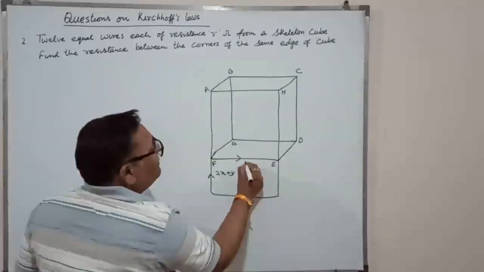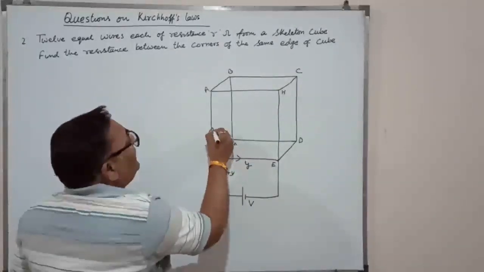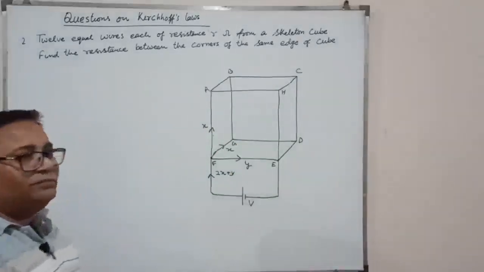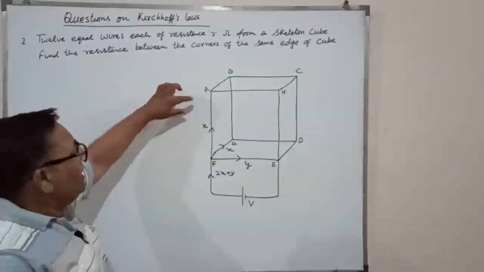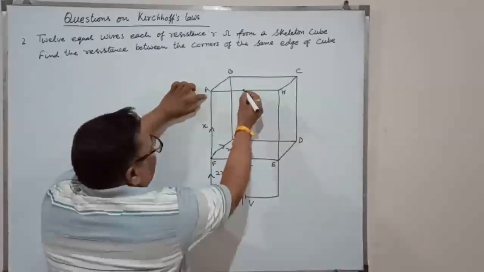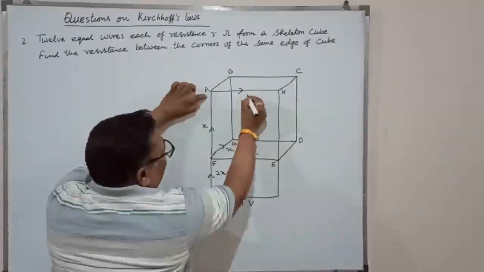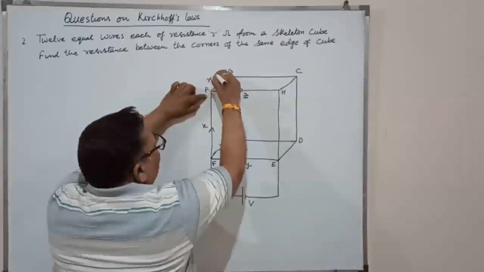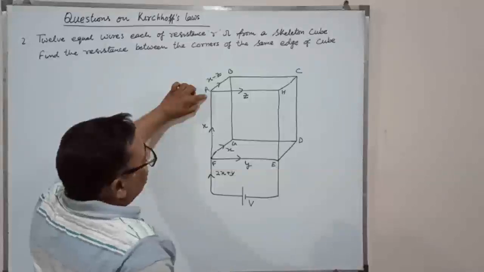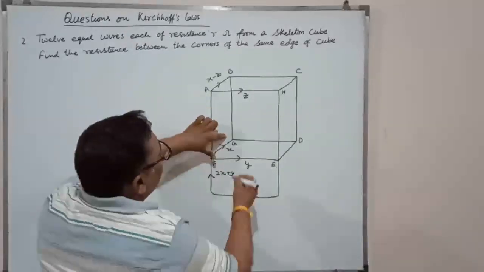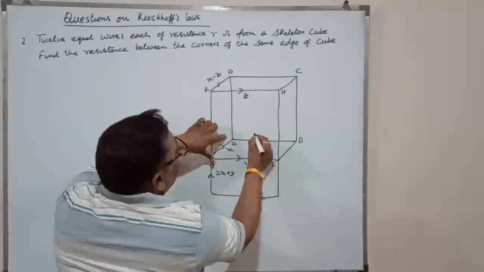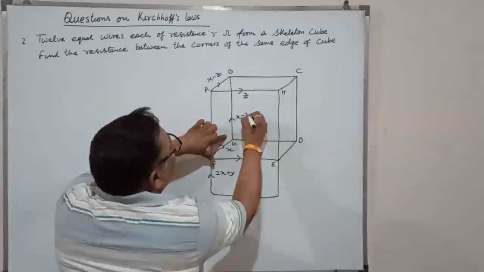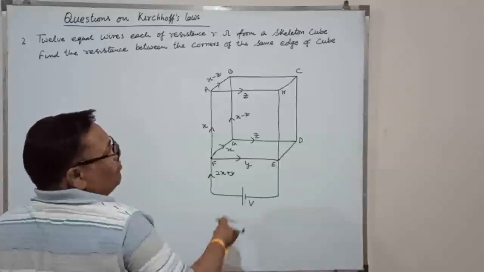Y is from here, and x this side and x this side. Clear? At this junction point, let z be the current here, and here x minus z. And here z current this side and x minus z current this side.